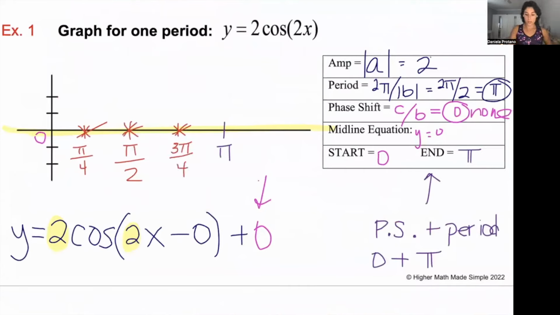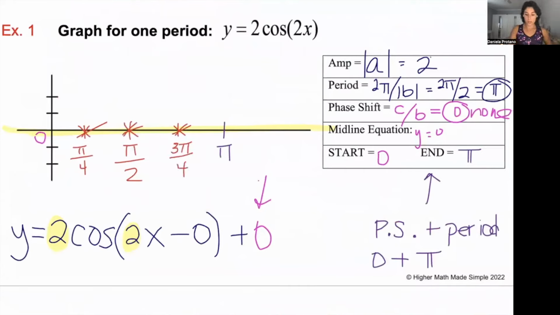Now, some teachers are really not that picky, so a lot of teachers might accept the c value to just be pi. I have a problem with that because that's going to involve the phase shift equation, which would influence your starting point of the critical values. But if you know from transformations, right, the plus sign really means you're moving to the left.